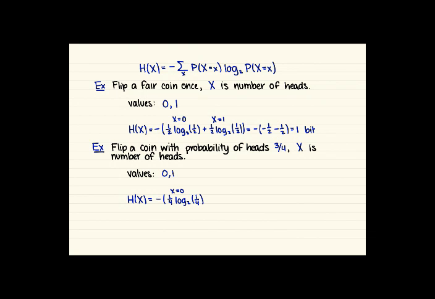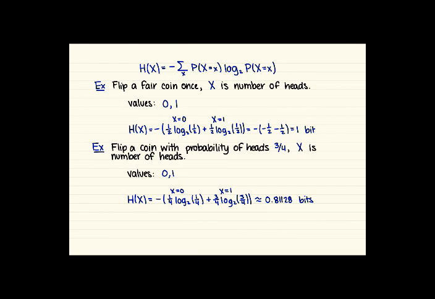of 1/4 plus, looking at when X equals 1, that's when we get 1 head, which has probability 3/4, so we've got 3/4 log base 2 of 3/4. If you work this out, it comes out to about 0.81128 bits.